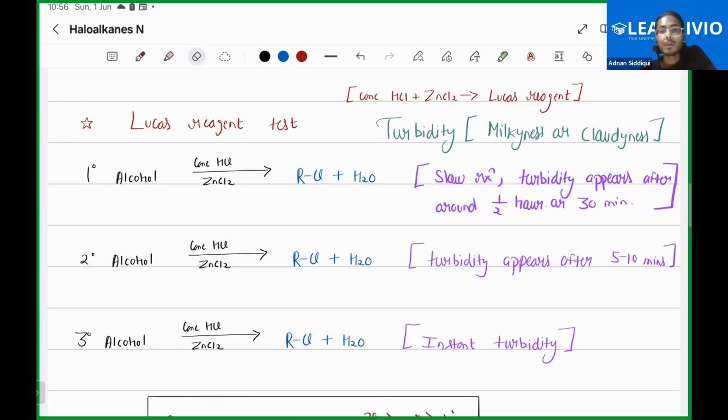So what are you going to do? Whatever alcohol you have in your test tube, you will transfer concentrated HCl and you will add ZnCl2. What does turbidity mean? Turbidity means you will see a formation of milkiness or cloudiness in your test tube.